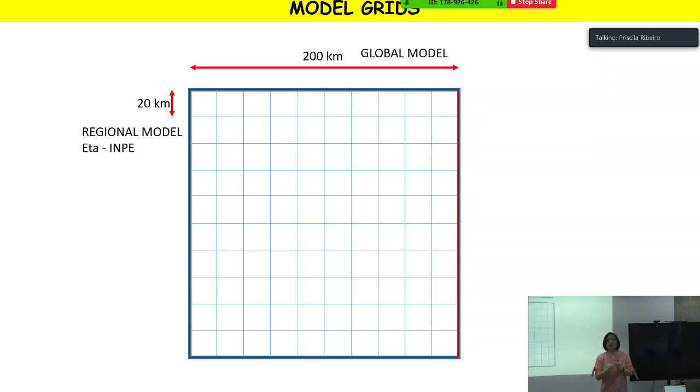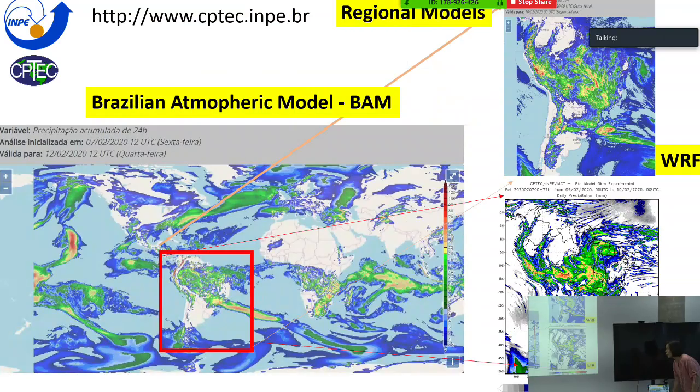So you add a lot of information there. But you have to distinguish if you need it or not, if your problem requires that detail. This just gives an idea of the amount of information that's added when you go to a higher resolution.